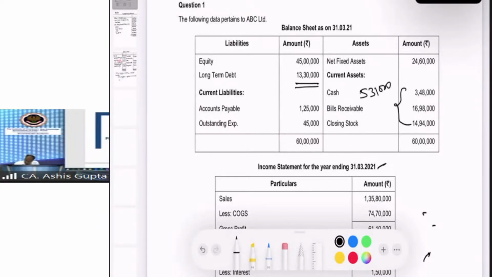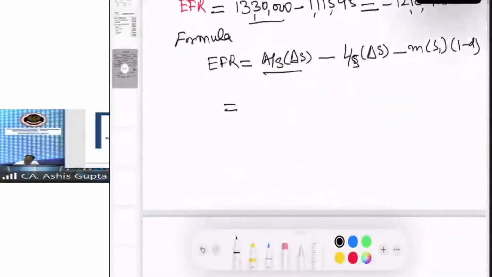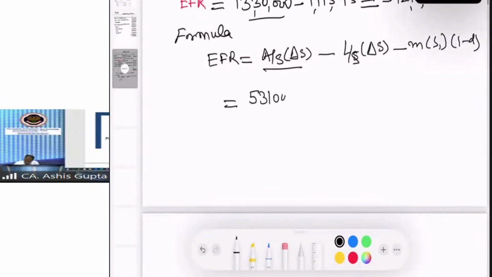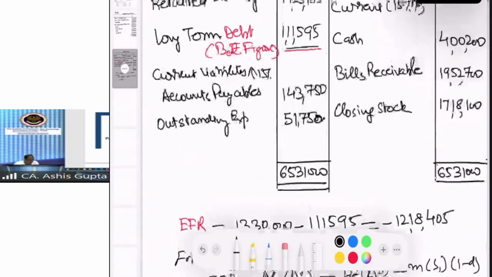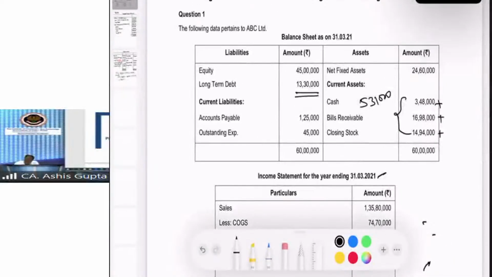Just add this and compute the 15% of the same. The value will be 5,31,000. Minus change in liabilities. Again, come here, add up this amount, and 15% will be 25,500.